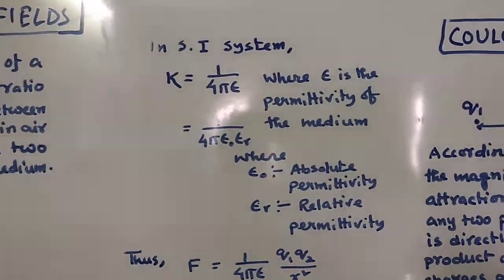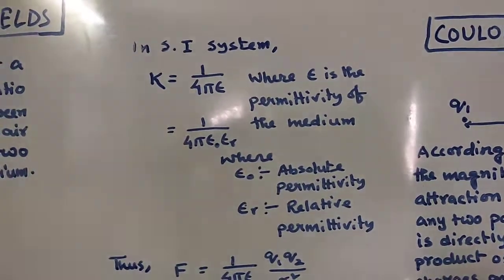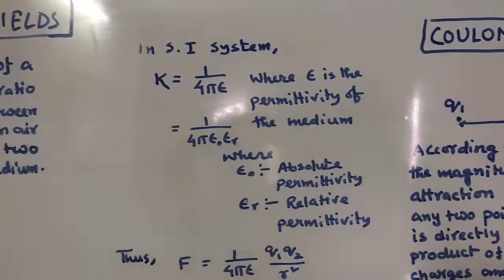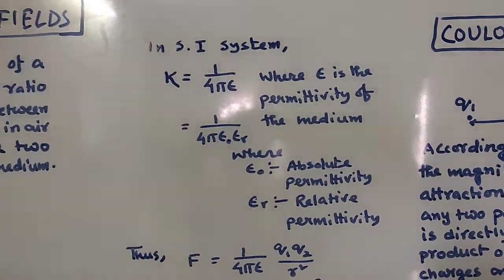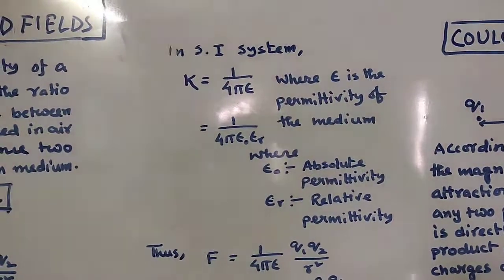Permittivity means what? It is some kind of allowness. Allowness of what? Allowness of influence from one charge to the other. That's why it comes from the word permission, allowness, and it defines the permittivity of the medium.